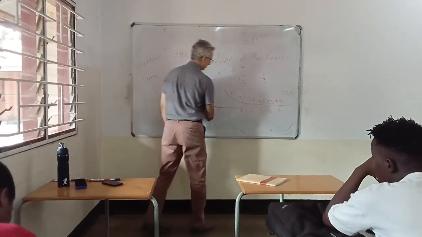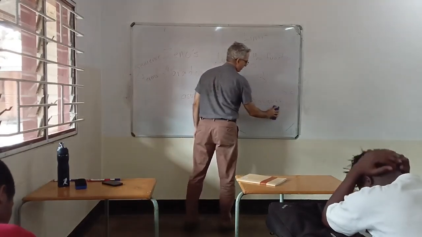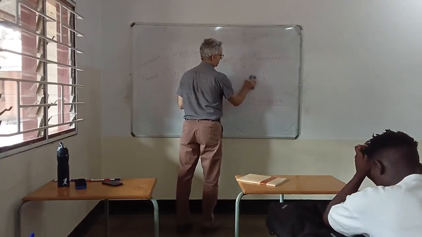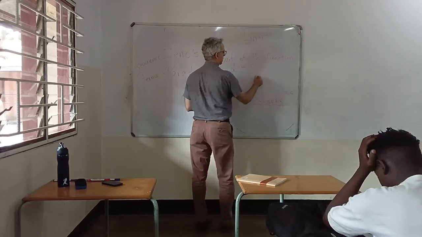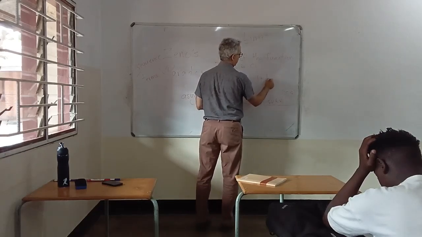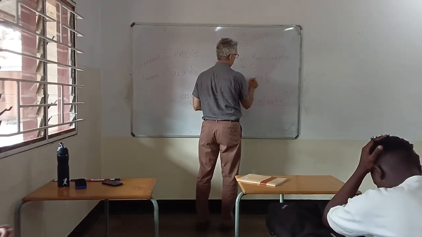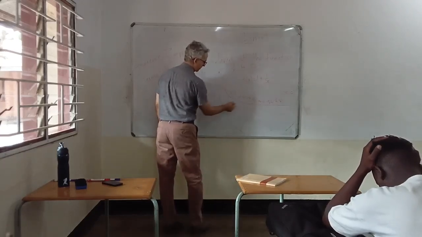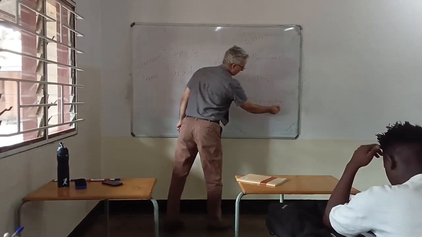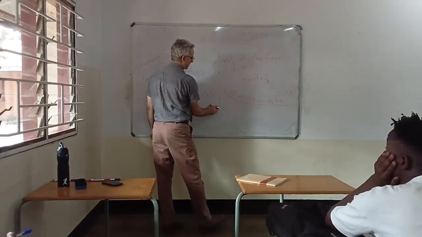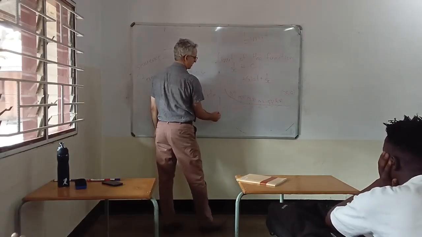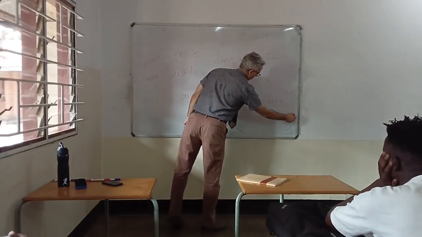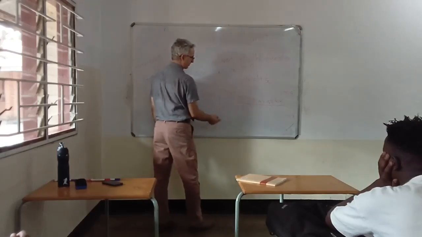So let me make a little change to our graph here. Instead of 1 over x, let's call it 1 plus 1 over x. Let's say this is my function. So now this is 1, and this is the horizontal axis.